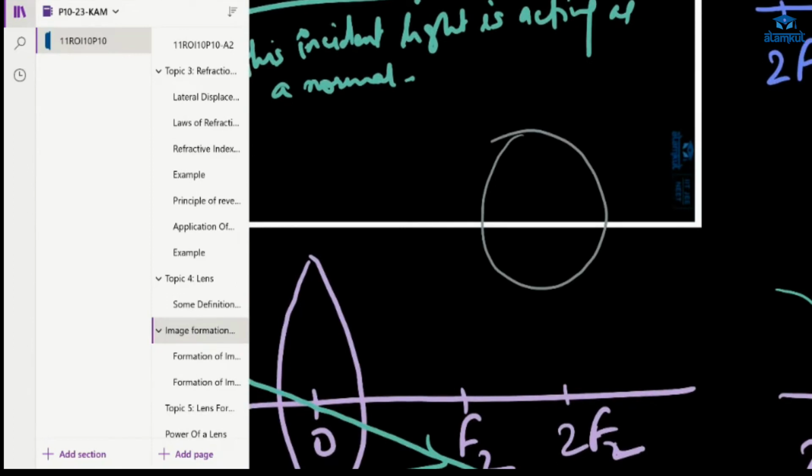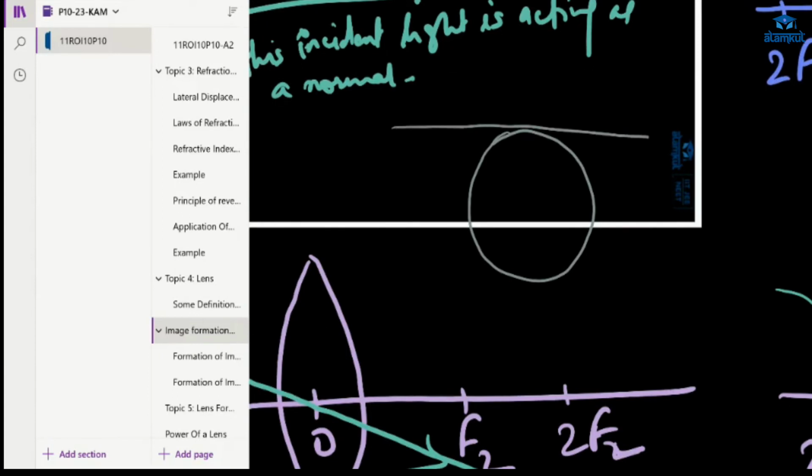This circle has got tangents. How many tangents does a circle have? A lot, infinity tangents. At every point it has some tangent. And all tangents make 90 degrees with the radius, isn't it? Because all the tangents are passing through different points of this circle.